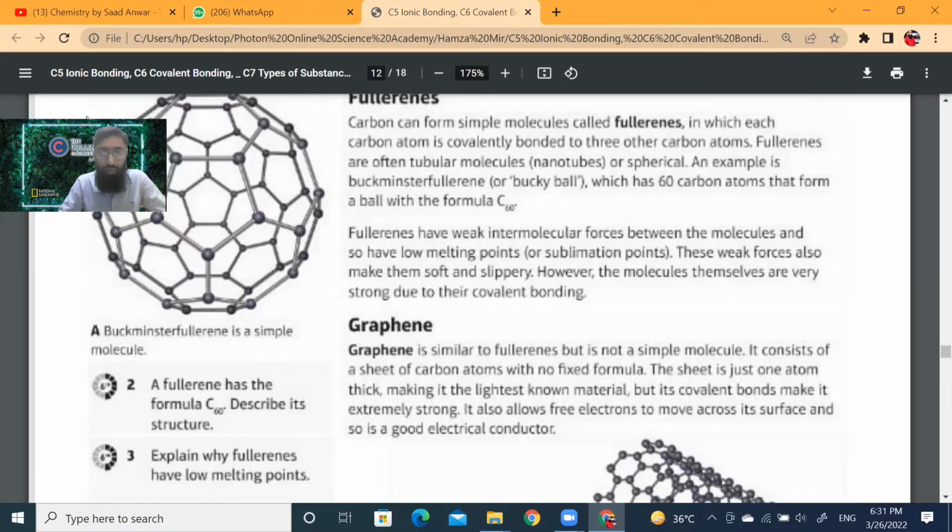Let me write the answer to that particular question. Fullerene has a formula C60. Describe its structure. It is question number 2.